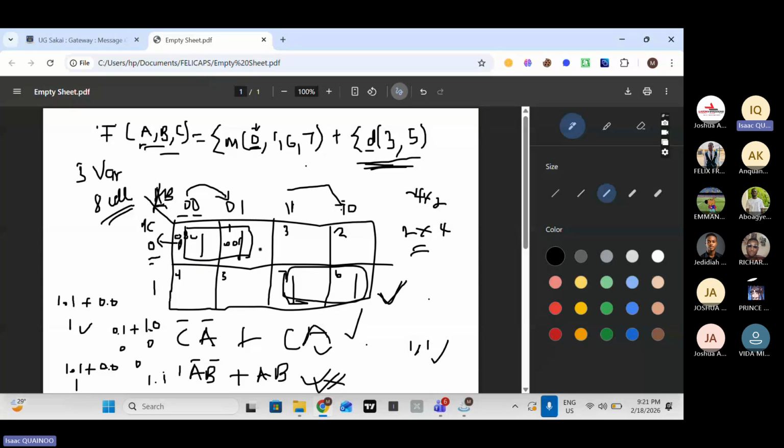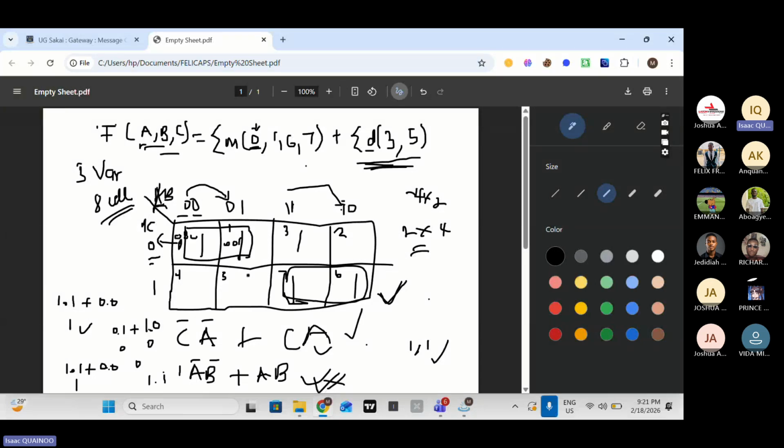If you are dealing with min terms, that is a sum of products expression, those cells are going to take 1. So for instance, you have 3 and 5 as your don't cares: 3 takes 1, 5 takes 1.